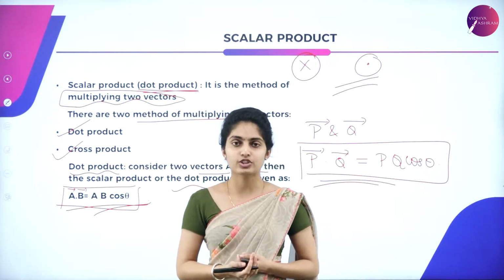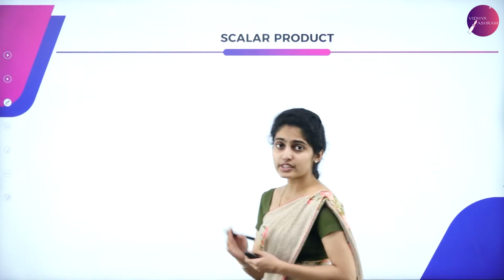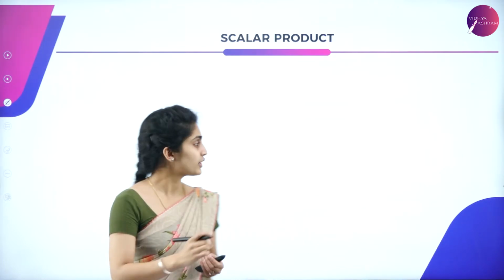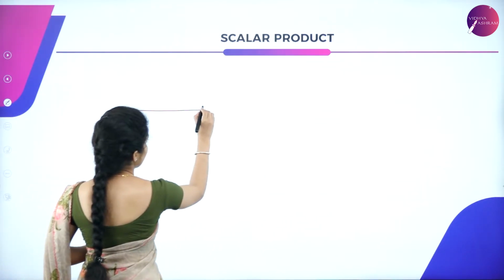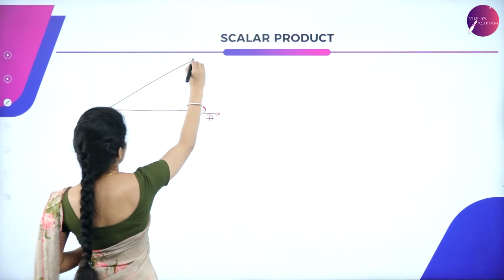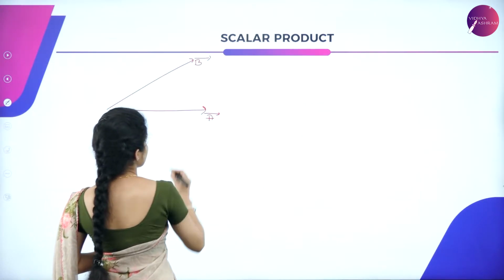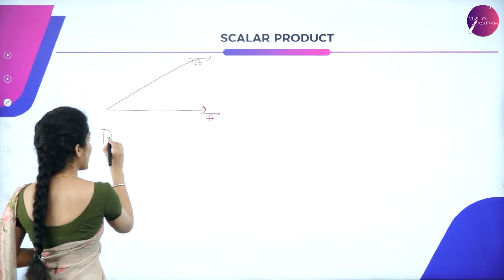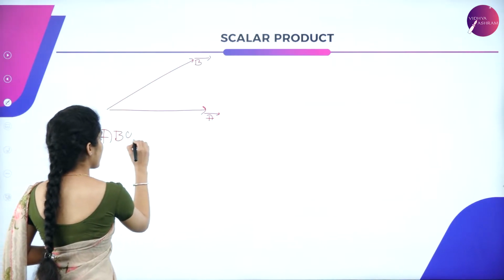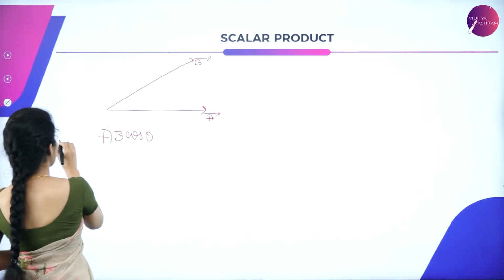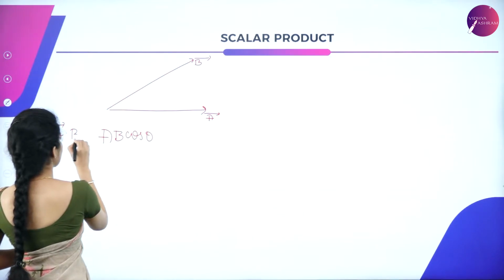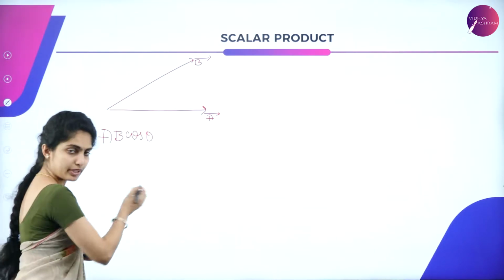Next, coming to the scalar product, suppose you have got vector A and vector B, two vectors, and you have got the dot product of two vectors as AB cos theta.